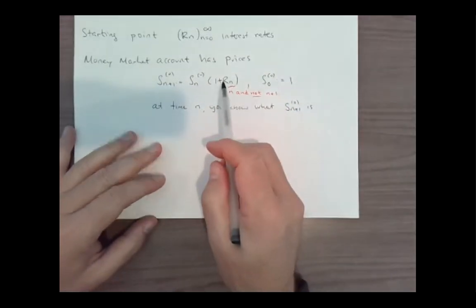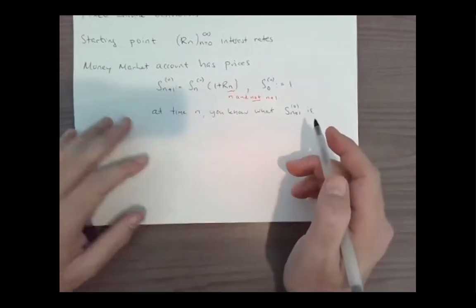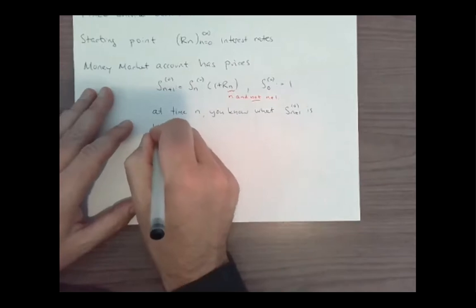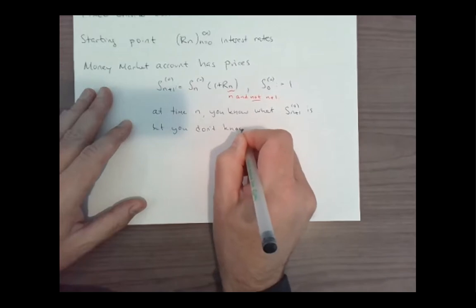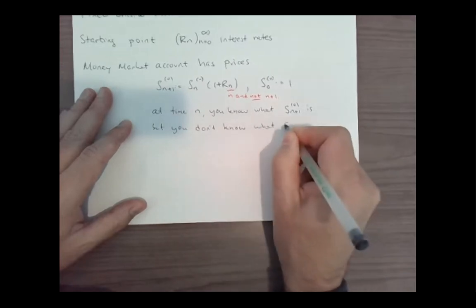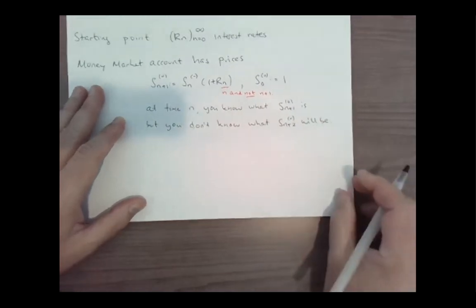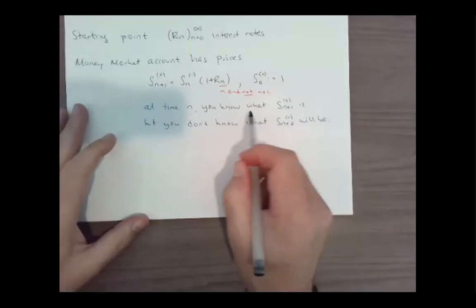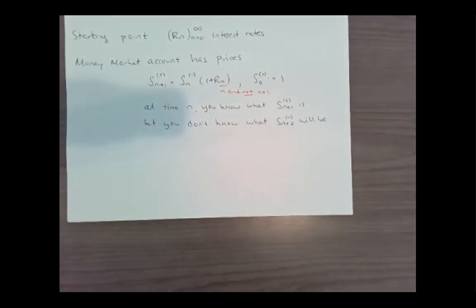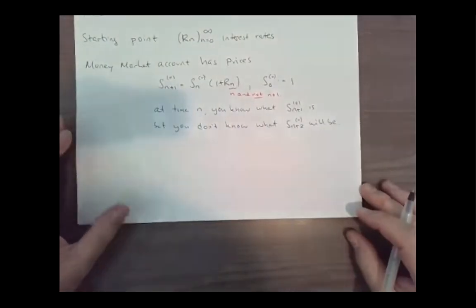So you can foretell what the interest rate is over the next period. You know what this is, but you don't know what S_{n+2} is. So you can predict the interest rate in the money market account over one period, but not over two. Okay, so that's the starting point.